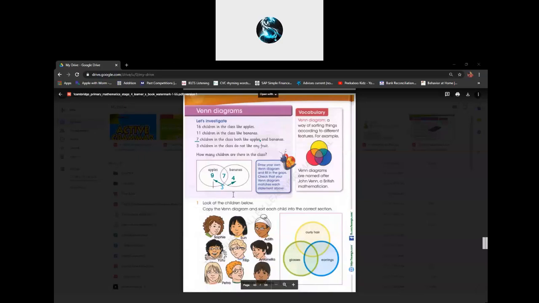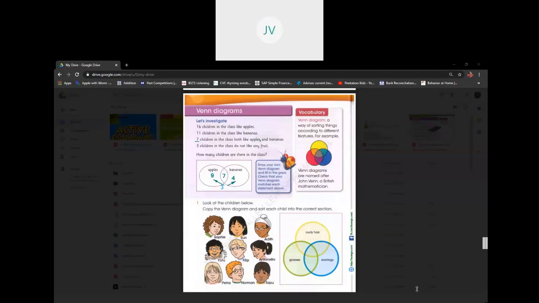Does anybody want to explain the same thing? Normally in a Venn diagram, the information is already given, and without adding or subtracting, you just put it into the diagram.